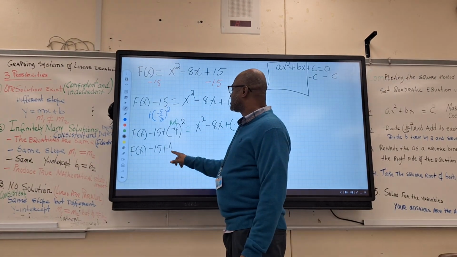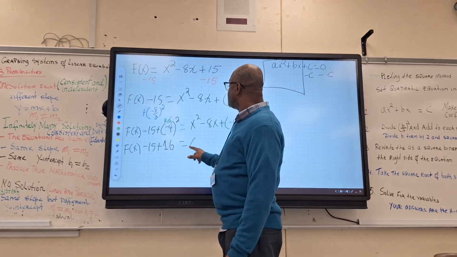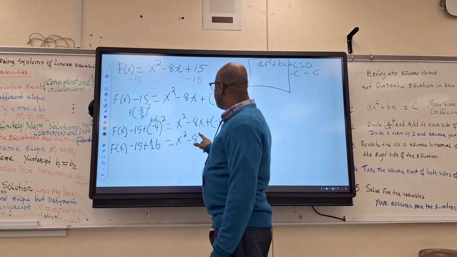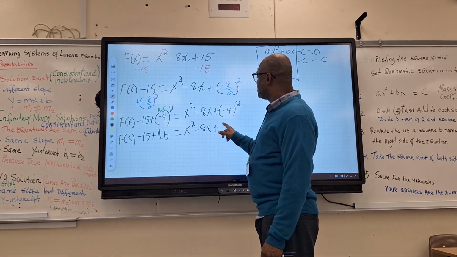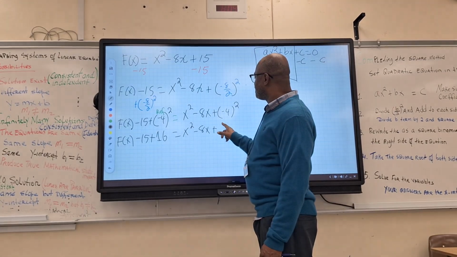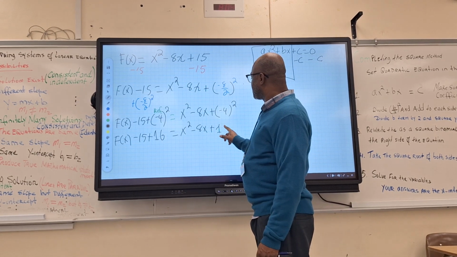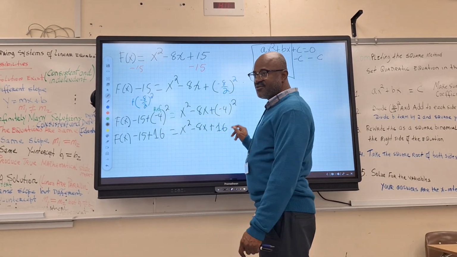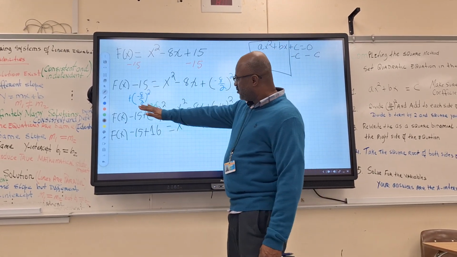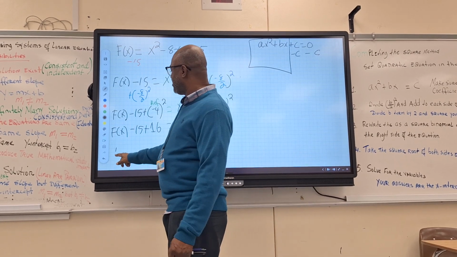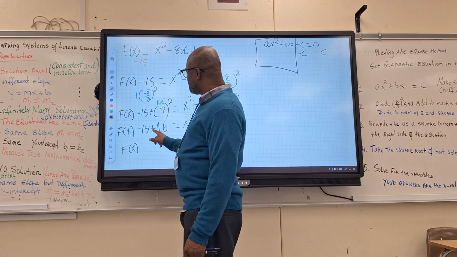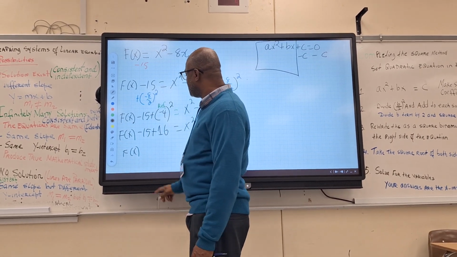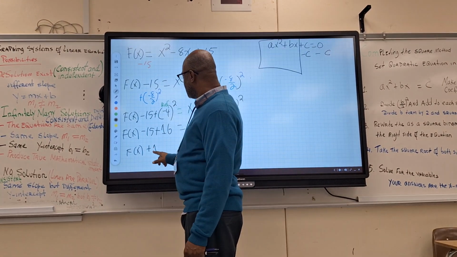That will be plus 16 is equal to x squared minus 8x plus what? Plus 16. Whatever you add on one side, you have to add the same thing. Then we're going to simplify that side. We will have f of x. What is minus 15 plus 16? That will be plus 1.